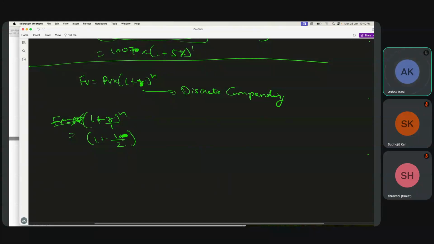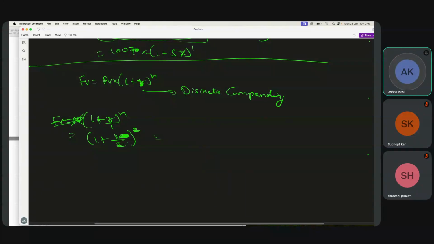See, n will be 2 times here. Just calculate this, leave this r. So it will be 1 by 2, calculate like this, 1 by 2 plus 1 raised to 2. Whatever be the r, it doesn't matter now. We are trying to standardize without r.